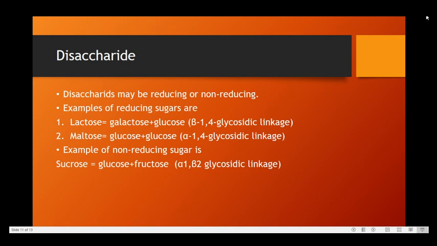And in sucrose, 1 glucose molecule and 1 fructose molecule are joined by an alpha 1, beta 2 glycosidic linkage. So sucrose is a non-reducing sugar because both the anomeric carbon atoms, that is alpha 1 of glucose and beta 2 of fructose, are involved in the glycosidic linkage formation. So there is no free aldehyde group or ketonic group, so it is a non-reducing sugar.